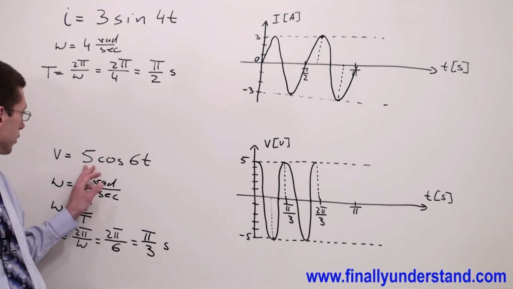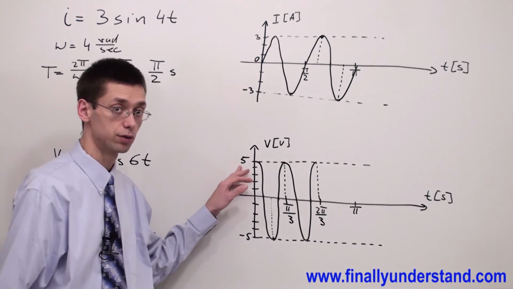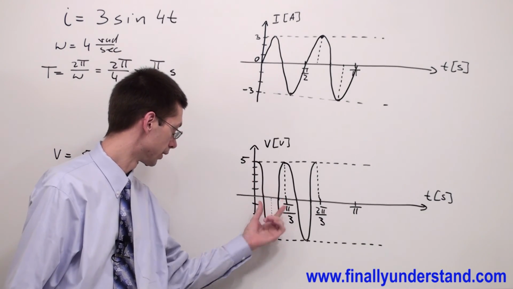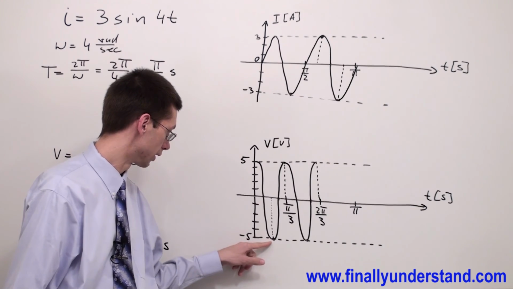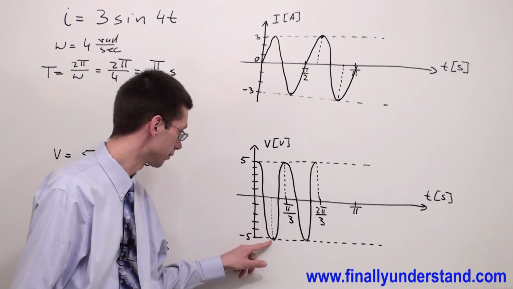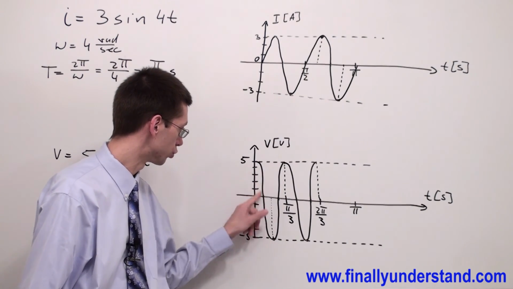The peak value of my voltage is 5 volts. The period is pi over 3. Negative peak value is minus 5, and I have 2 cycles.